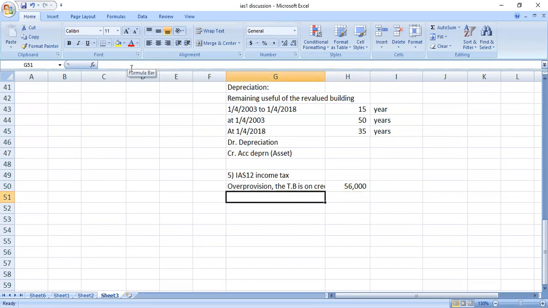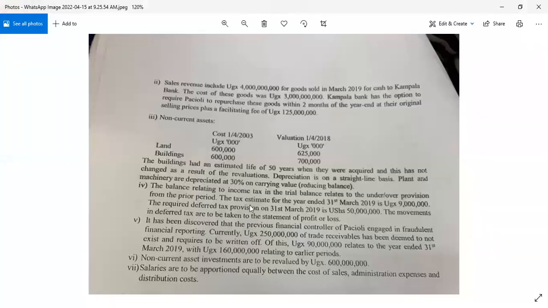Usually, let me share the whole thing, read the entire note, so I don't do them in bits. It says that the balance relating to income tax in the trial balance leads to an under or over provision from the prior year. Then it says that the tax estimate for the year ended 31st March 2019, this current year, is 9 million.